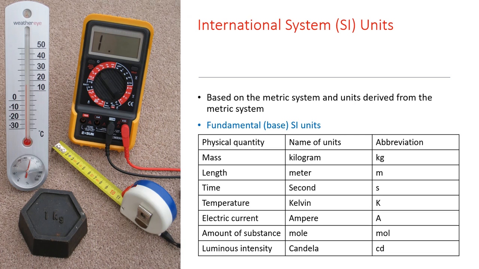Now, when we talk about the metric system, we focus on what we call international system units, the SI units. The SI units are based on the metric system, and they are derived from the metric system.